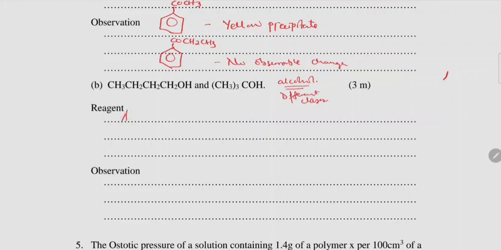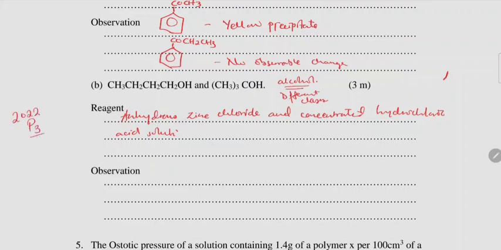In Lucas test we have anhydrous zinc chloride and concentrated hydrochloric acid solution. 2022 paper 3. They tested us on this compound here. So now what happens in Lucas test?